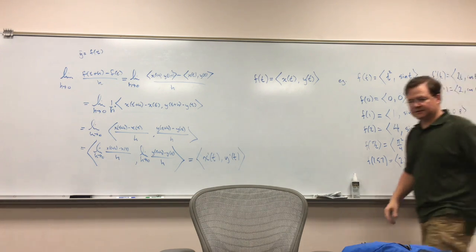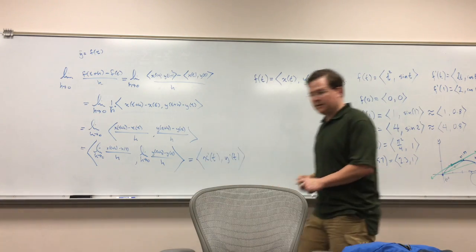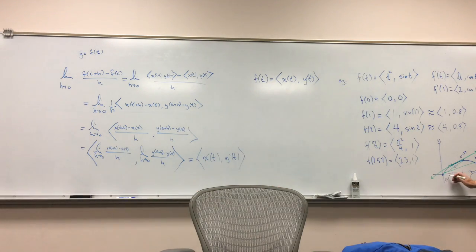The vector you get, I wish I had a third color. Yeah, the vector you get is kind of like right here. It appears to be right on top of that one. That's just a coincidence. But this vector right here actually is a tangent vector.